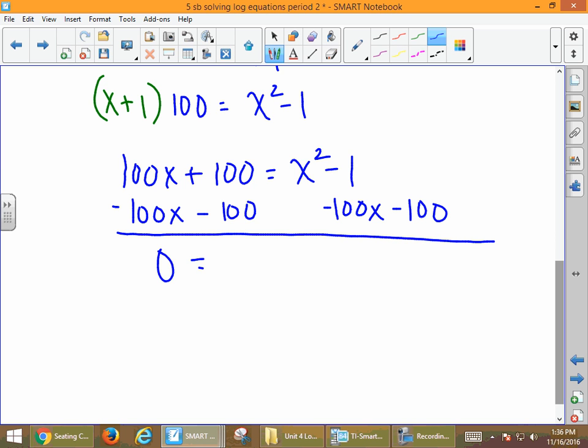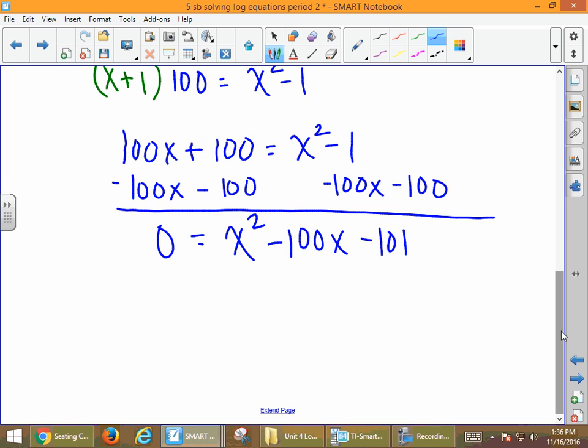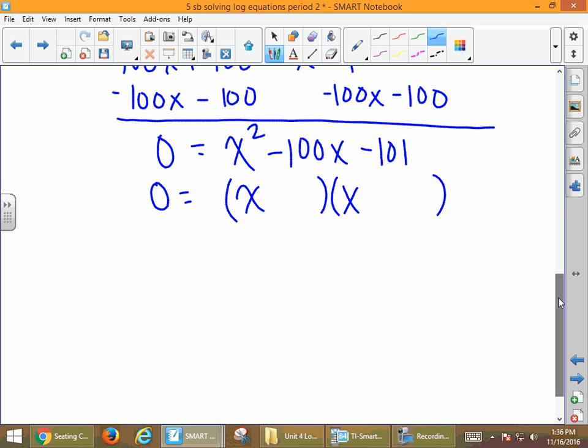And what we end up with is 0 equals x squared minus 100x minus 101. Negative 1, negative 100 combined together. And some people look at that and go, well, we can't factor that, but we can. x squared is x times x. 101 times 1 will give us 101.